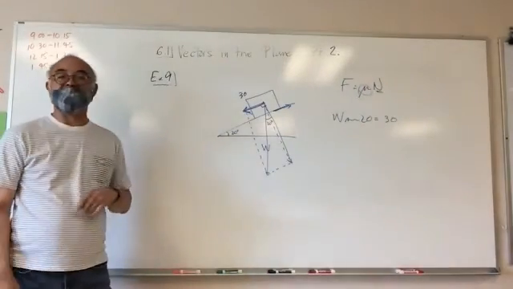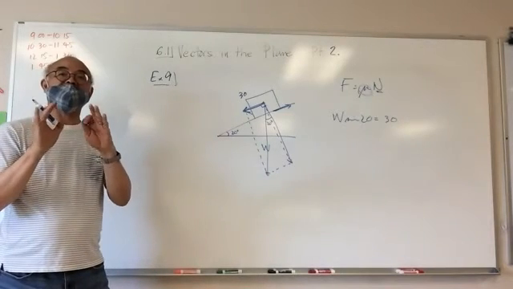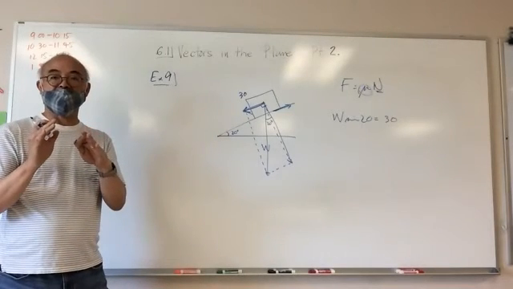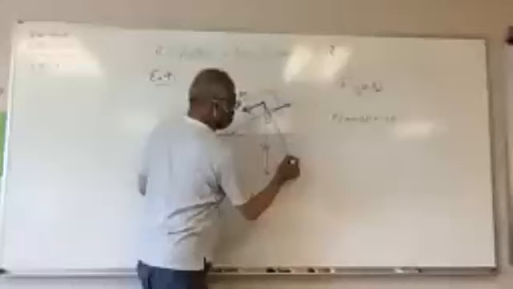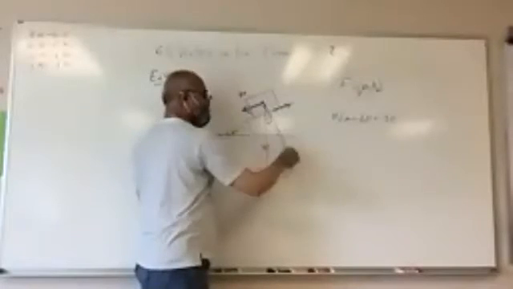Normal as not abnormal. Normal as in being perpendicular or 90 degrees to the surface. So this guy here is the normal force because it is 90 degrees to this surface.